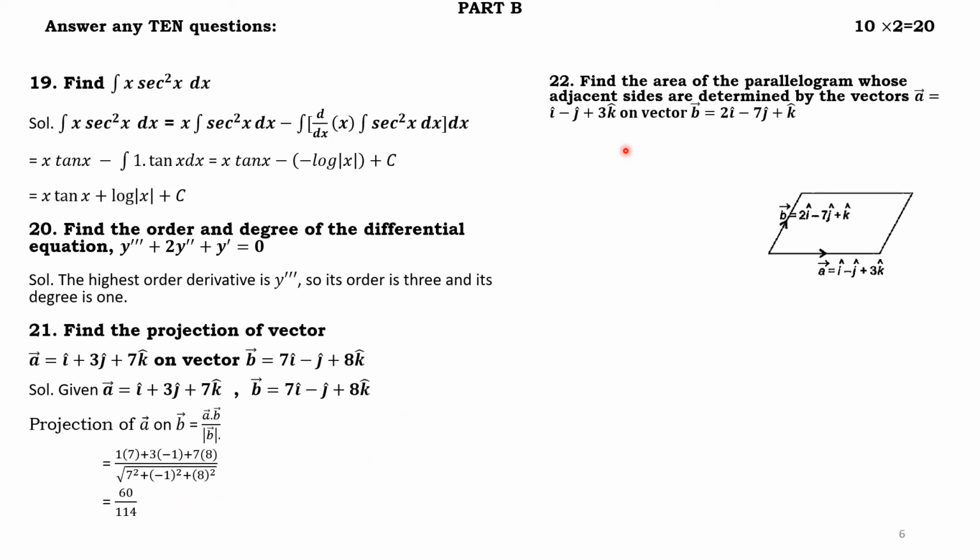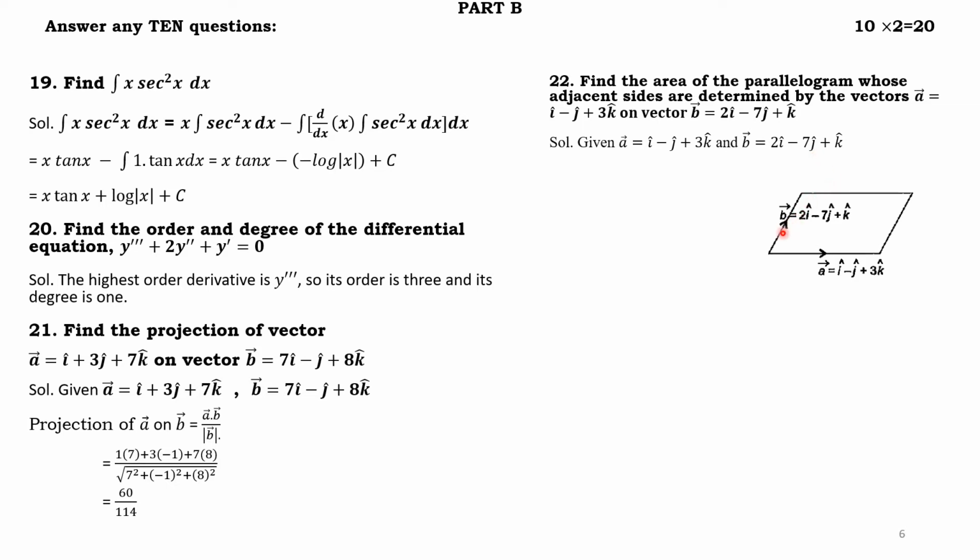So question number 22. Find the area of the parallelogram whose adjacent sides are determined by the vectors A equal to i minus j plus 3k and B equal to 2i minus 7j plus k.